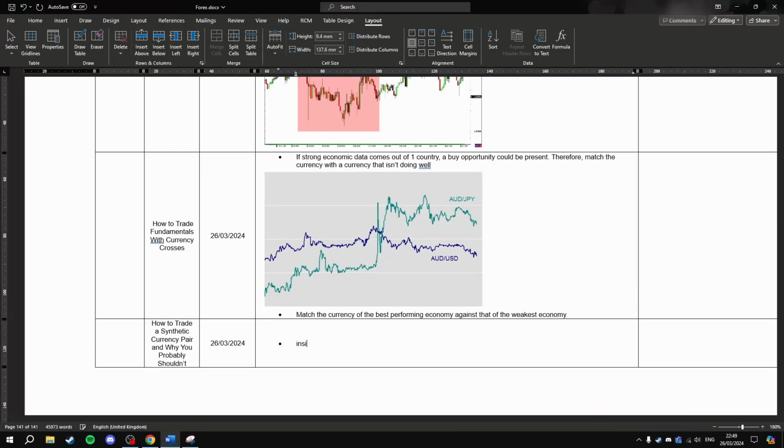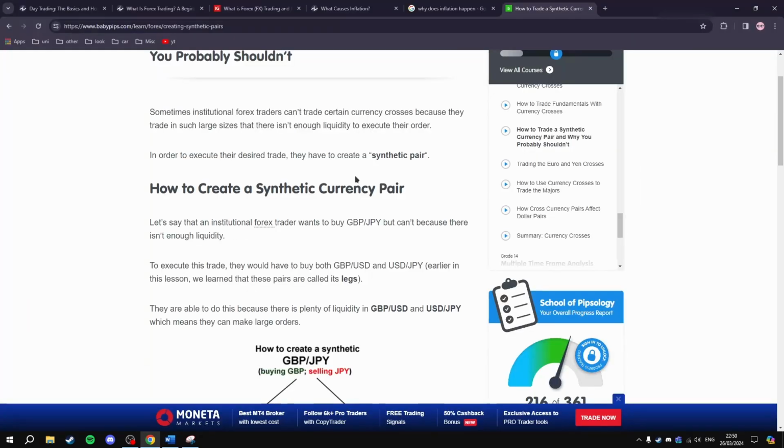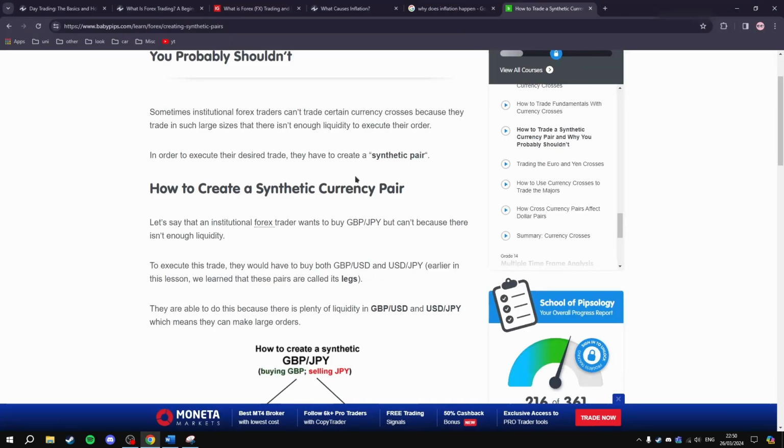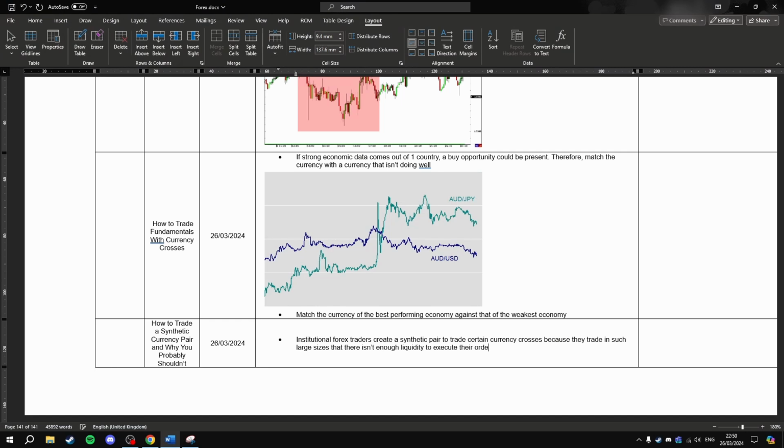Institutional forex traders create a synthetic pair, trade certain currency crosses because they trade in such large sizes that there isn't enough liquidity to execute their order.